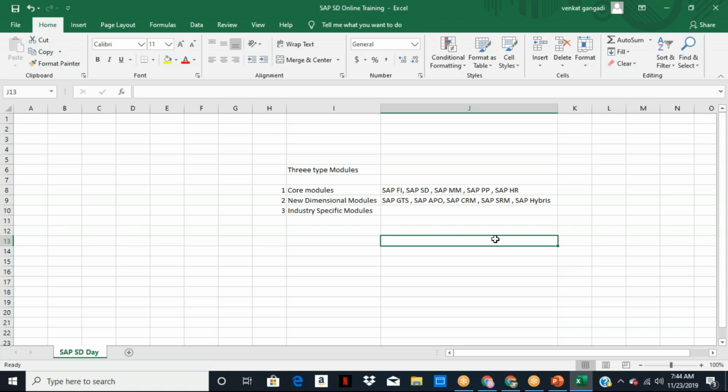So when you are creating a sales order for a customer, in SAP SD, for one sales order, we can check the stock only at one plant level.